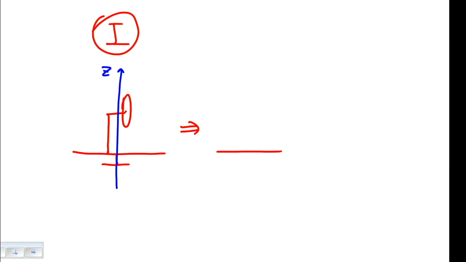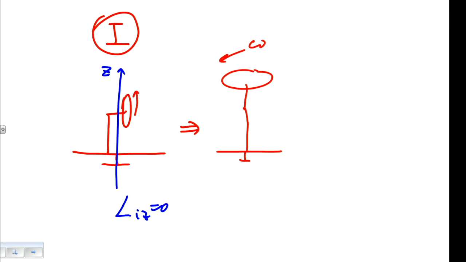So initial z equals 0. But when I make it up, let's say it was spinning like this. Now, relative to the axis, the wheel has certain angular momentum.